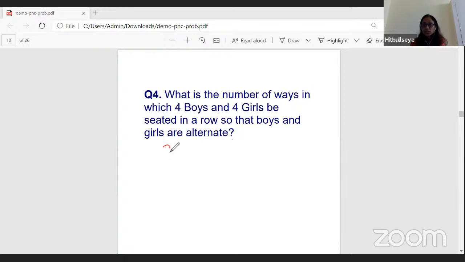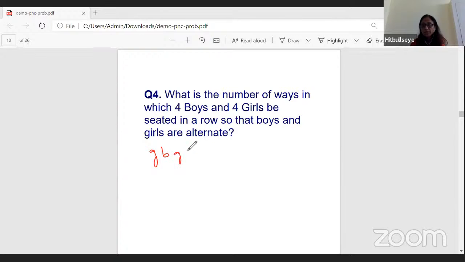So if you start with girl, okay, then you will have a boy next, then again a girl, then a boy, then a girl, then a boy. This is one kind of arrangement. But please remember, when you are beginning with a girl, right? So there are 3 boys right now. So obviously there will be another GB combination coming up. So I know that there are 2 kinds of arrangements possible.